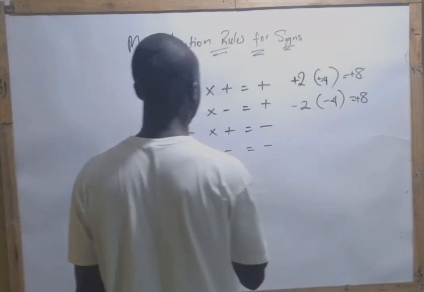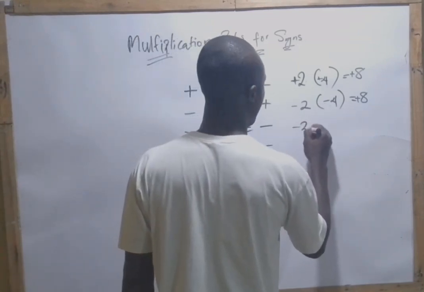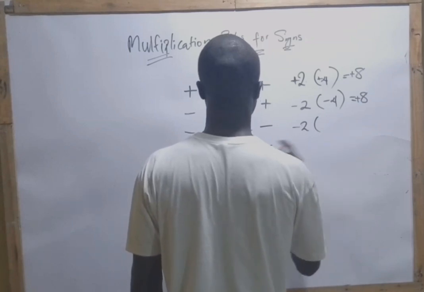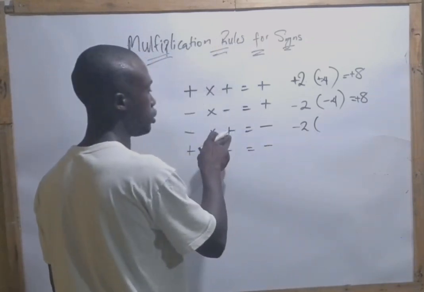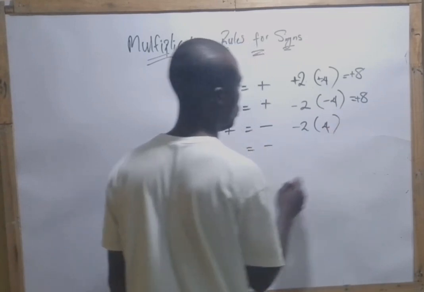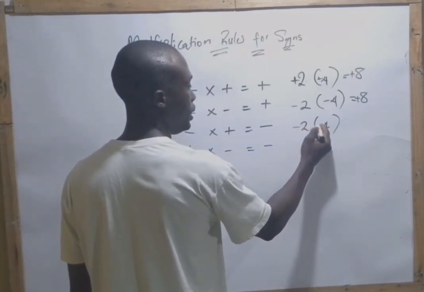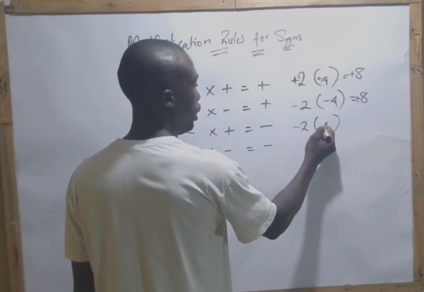Then if you say minus 2 into bracket plus 4, this has a minus sign in front of it, and this has a plus sign in front of it.